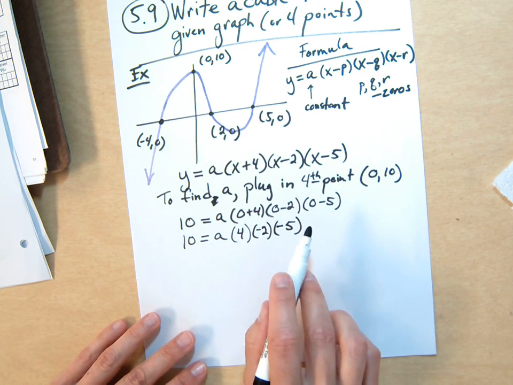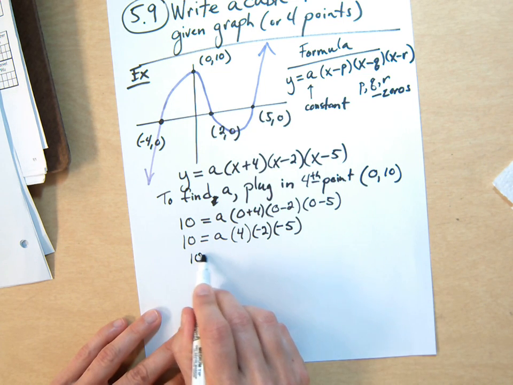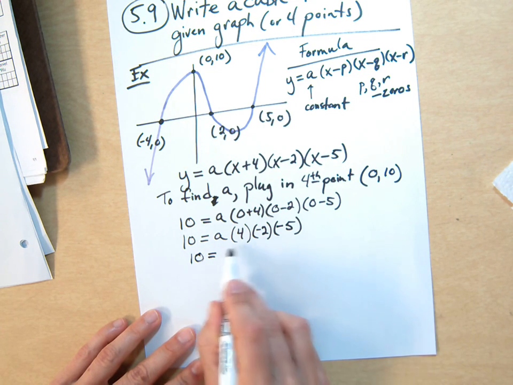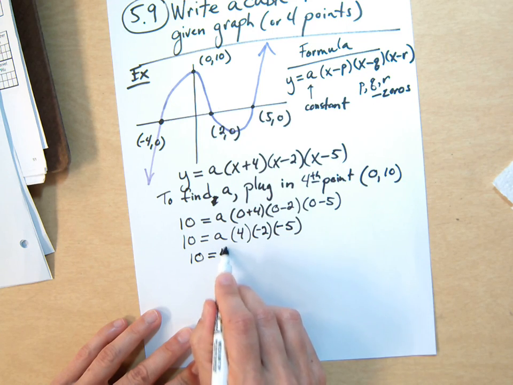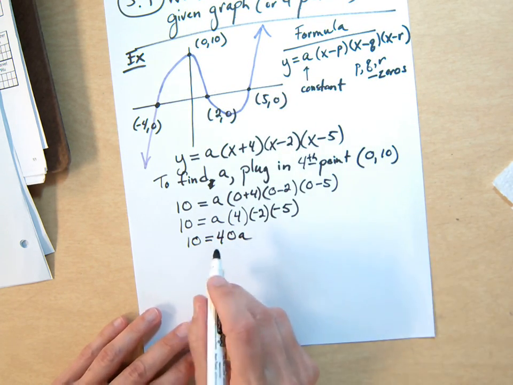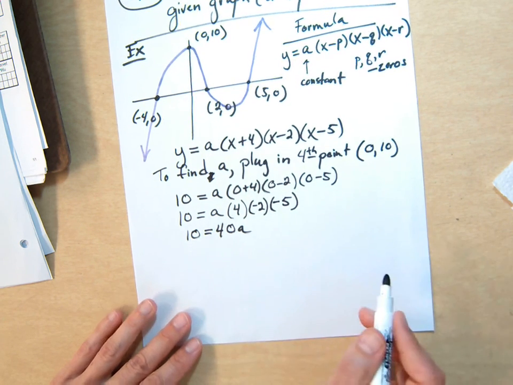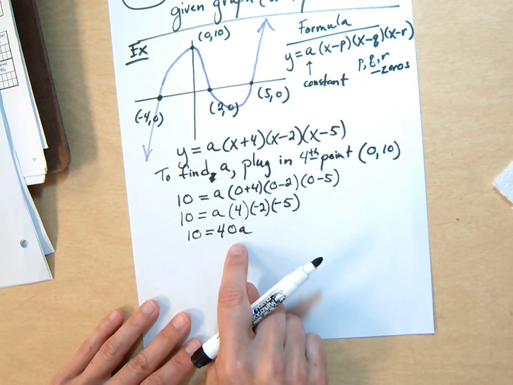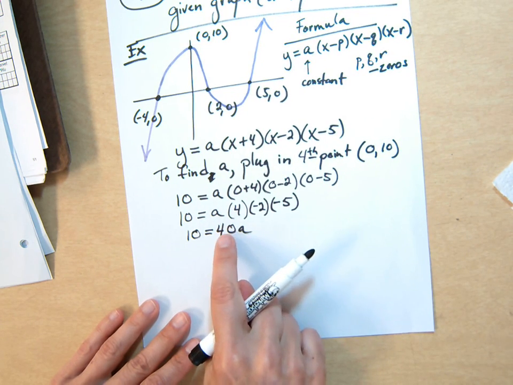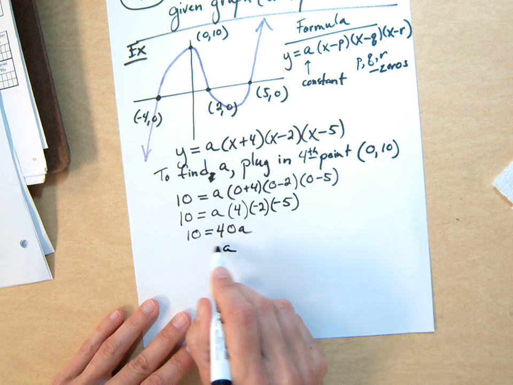Very good. Yep. 40 times a. If you multiply these numbers together, 40a. I just changed the order. And then to solve for a, do you divide by 10 or do you divide by 40? You want the number in front of a to go away. So you divide by 40.